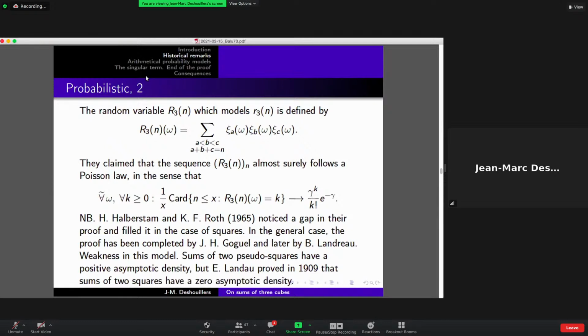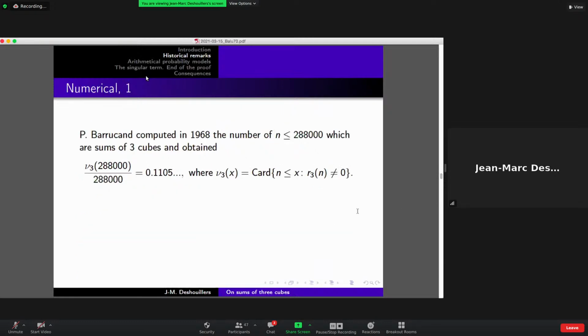But we know from Landau, and maybe even before, Landau proved in 1909 that sums of two squares have a 0 asymptotic density. So this is not what I would call a decent model in some way. We have to modify it. So, for example, also if you look at the computation of Baruchan in 68, of course, he was not going too far.